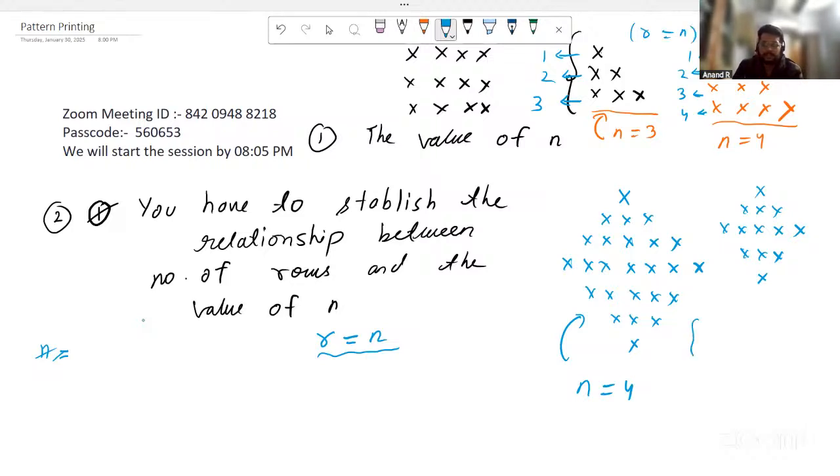Over here, if n is equal to 4, how many rows am I printing? 7, right? 1, 2, 3, 4, 5, 6, 7, right? And if n is equal to 3, how many rows am I printing?